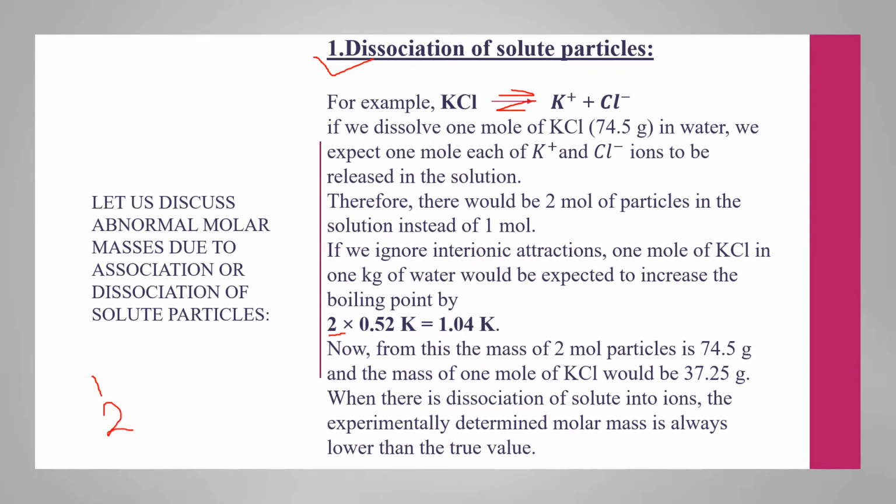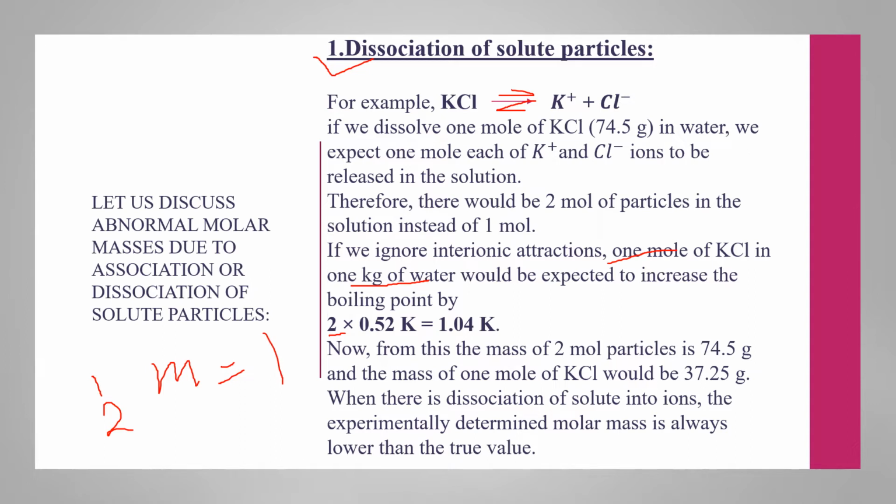It means that 1 mole of KCl is dissolved in 1 kg of water. Molality of solute is the number of moles of solute divided by the mass of the solvent in kg. Here the number of moles of solute is 1 mole and the mass of the solvent is 1 kg, so molality in this case is 1.